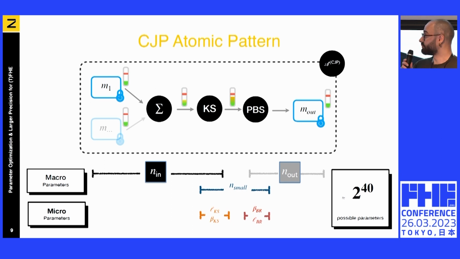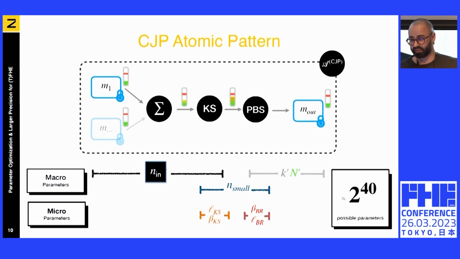Then you go through the bootstrapping. In the bootstrapping, there is again a decomposition. There are several of them, but they all share the same parameters, L, the number of levels, and beta for the base. And at the end of the bootstrapping, you have yet another LWE dimension, N_out. But N_out is actually the result of a product between the GLWE dimension k' and the polynomial size N'.